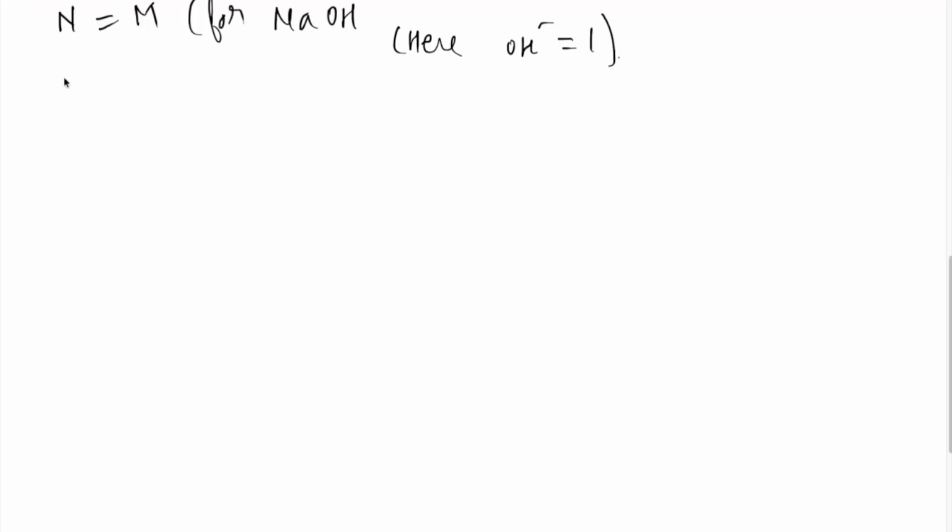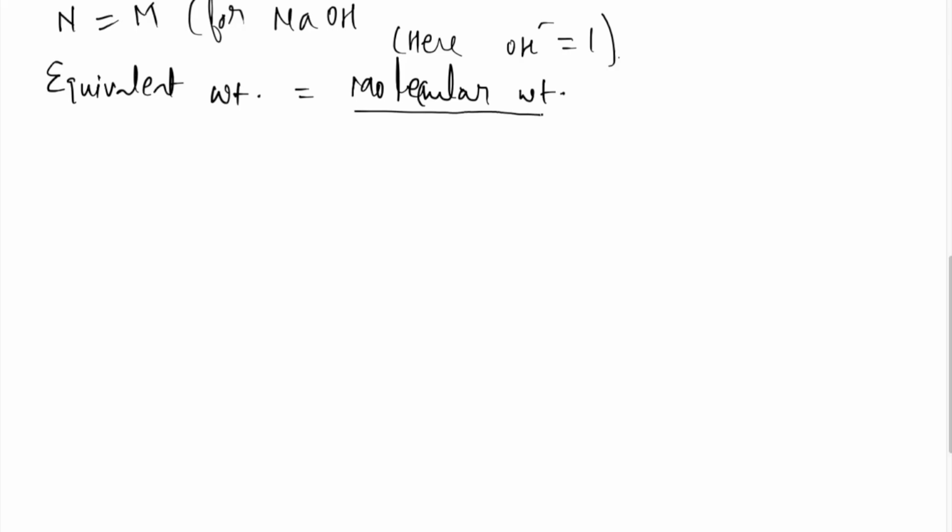So let's first calculate the equivalent weight of NaOH. The formula for equivalent weight is molecular weight divided by N factor.